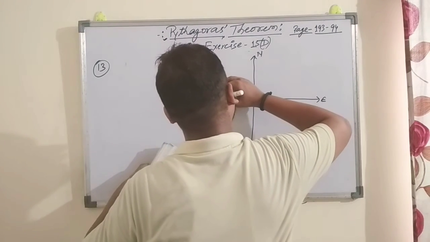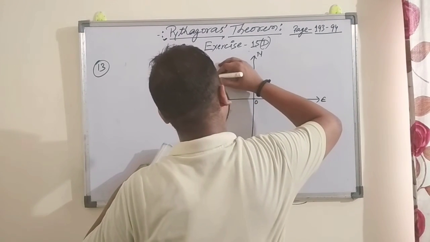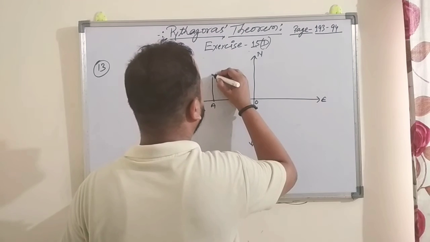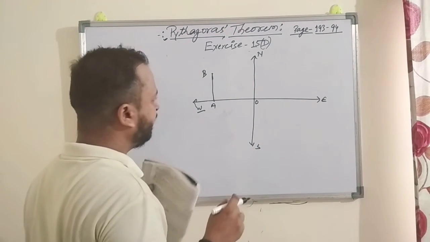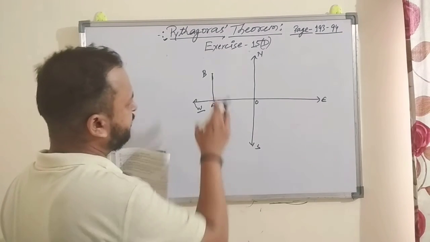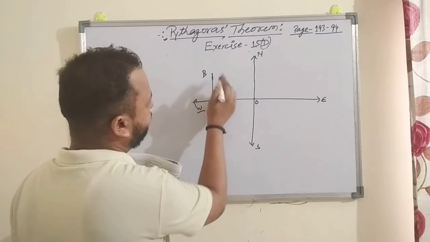Suppose he reaches point B, right? You have to find out his distance from O to B.